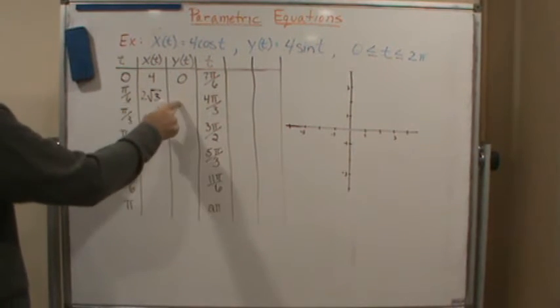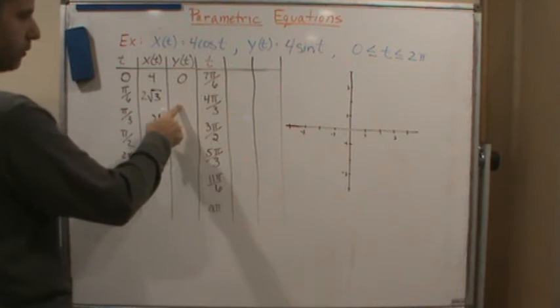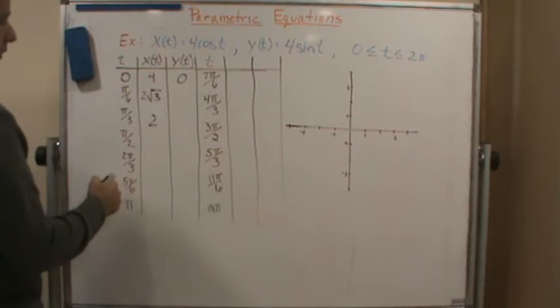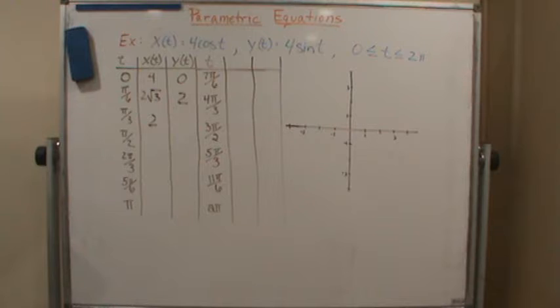So sine of 30 degrees, or pi over 6, is going to be opposite over hypotenuse, right? Which is going to be 1/2 times 4, which is 2.